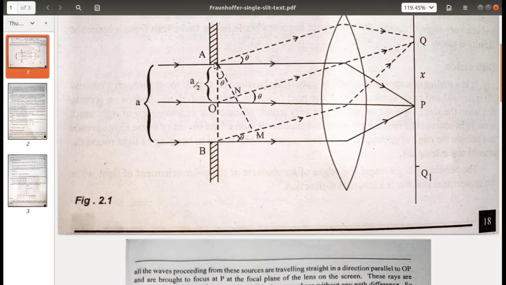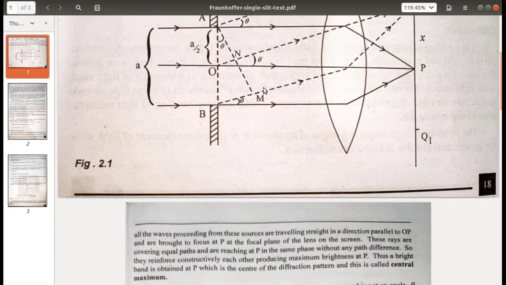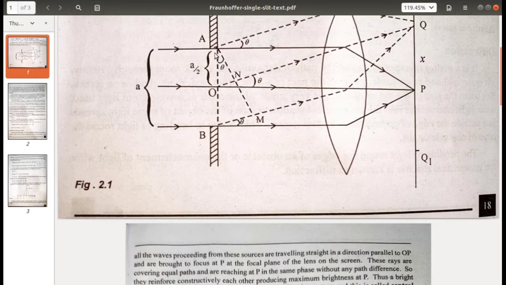What we have said just before is that the path difference between the light from A and B is lambda. Now we have divided this slit into two halves, OA and OB, and we are considering the extreme points O and A for this half and O and B for the other. The path difference between the light coming from the extreme points of the first half slit, A and O, will be lambda by 2, if for the full slit the path difference is lambda.